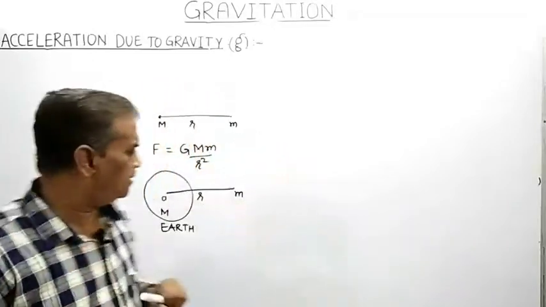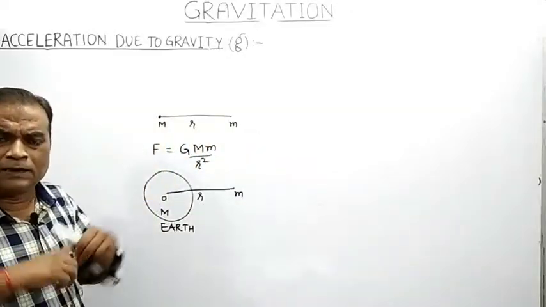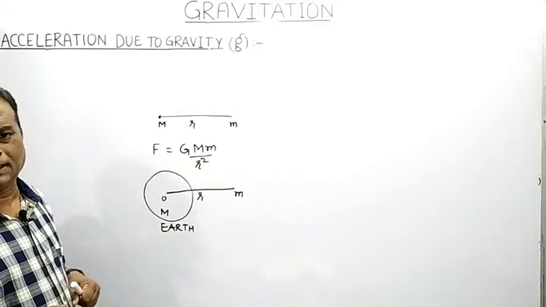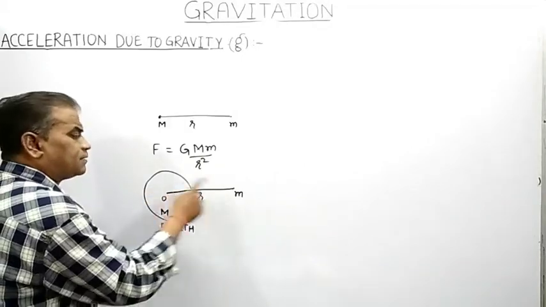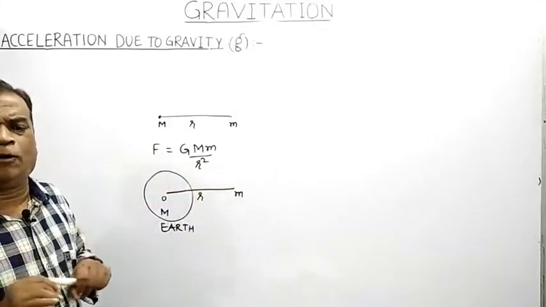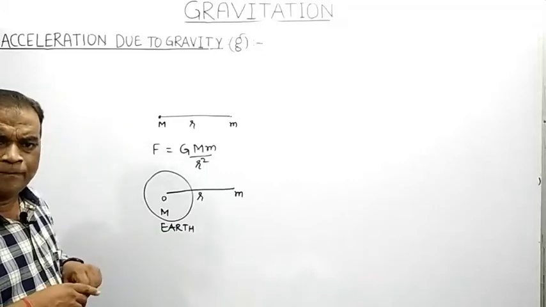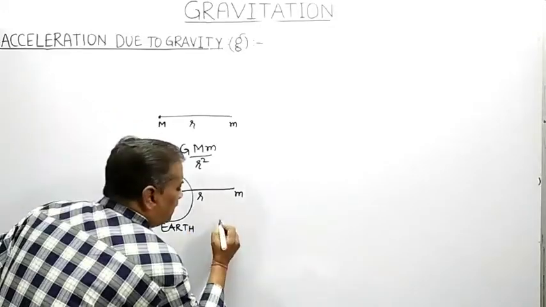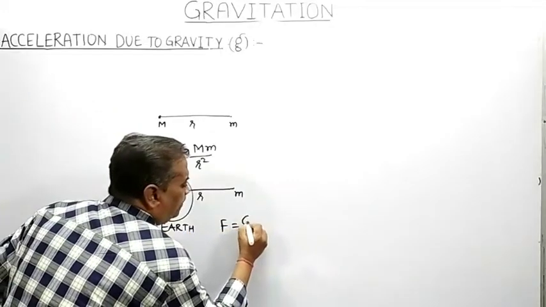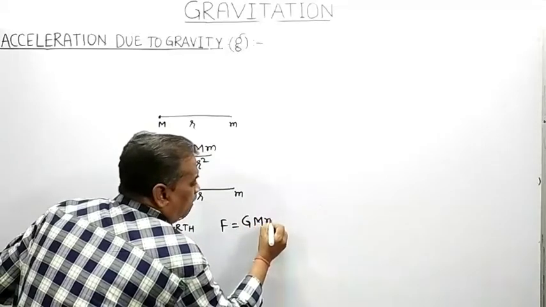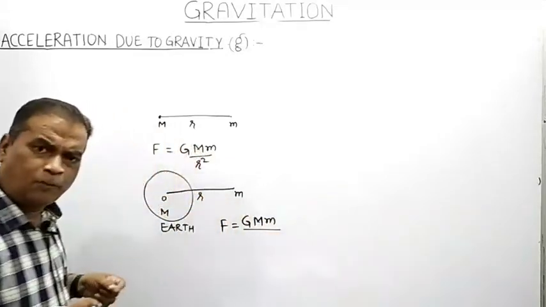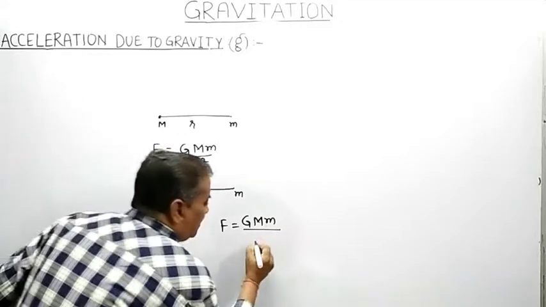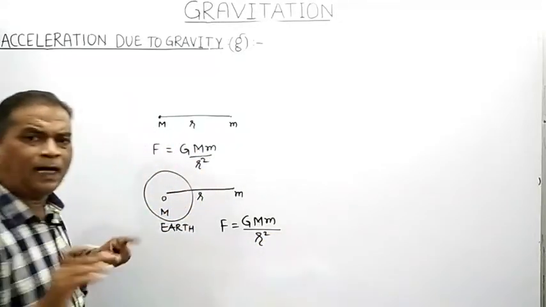So whenever we have to find the gravitational force exerted by the Earth on a point particle of mass small m, it must be given as GMm upon r square.